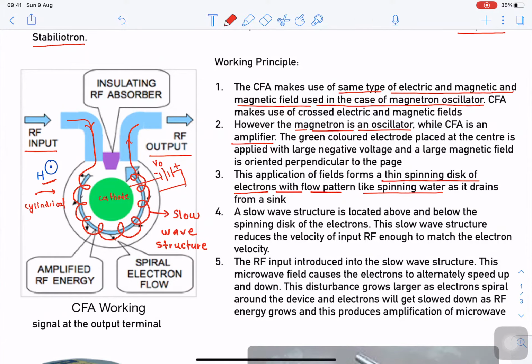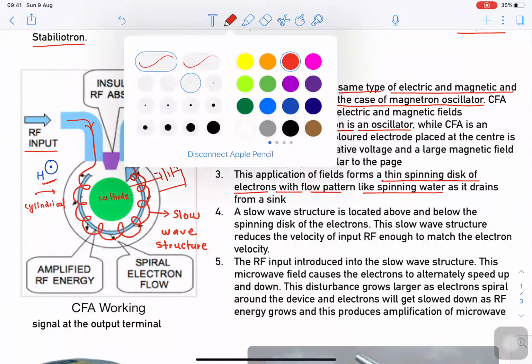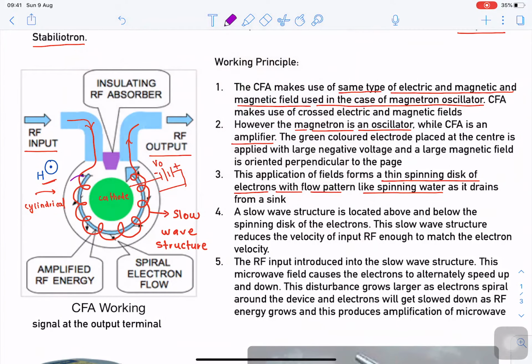So here is how the spinning will take place. The electrons will start spinning in this way, right? If you observe this purple arrow that I am showing, it forms a spinning structure of electrons, generating a pattern like spinning water draining from a sink.